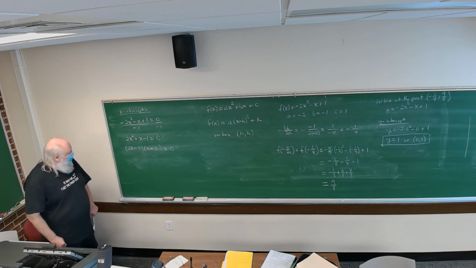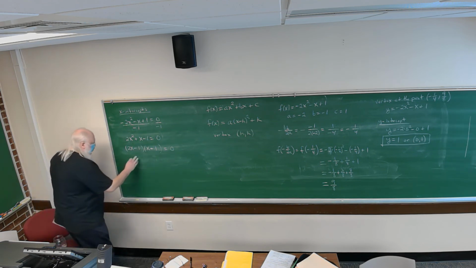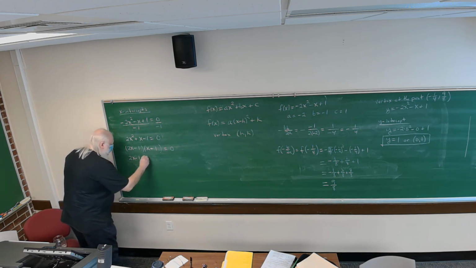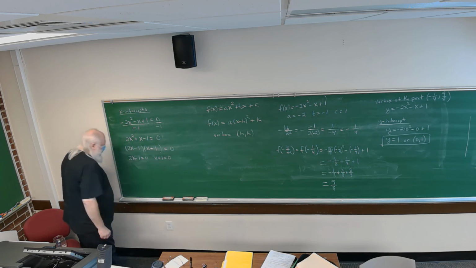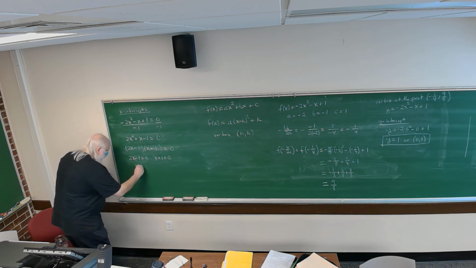And so now we have a product of two factors equal to 0. So either the first factor is equal to 0 or the second factor is equal to 0. When we solve these two equations, for the first one, x is equal to 1/2.